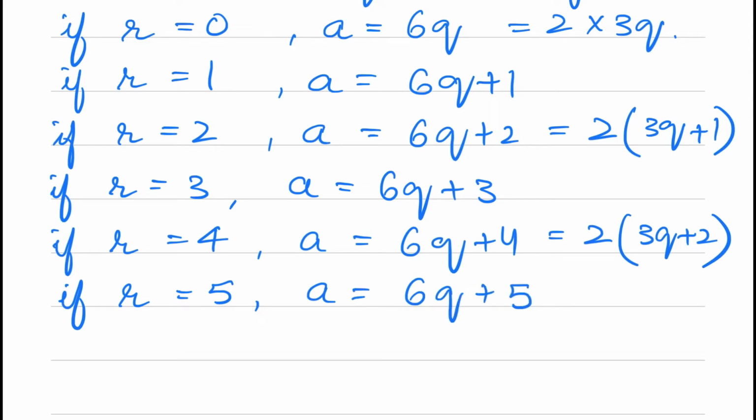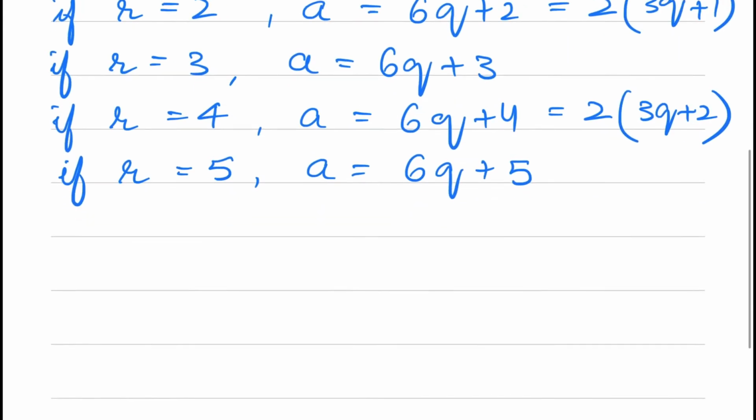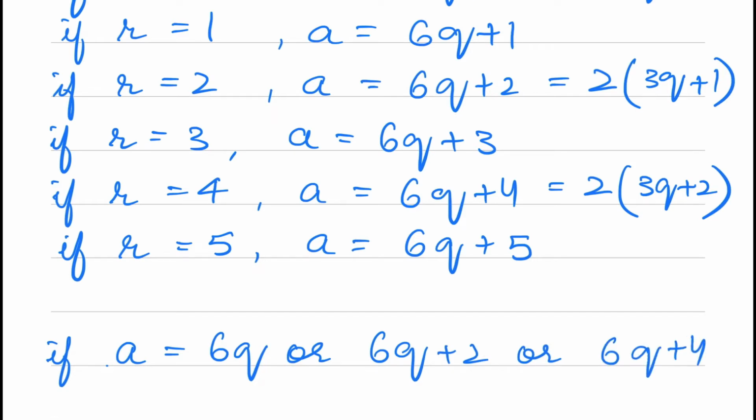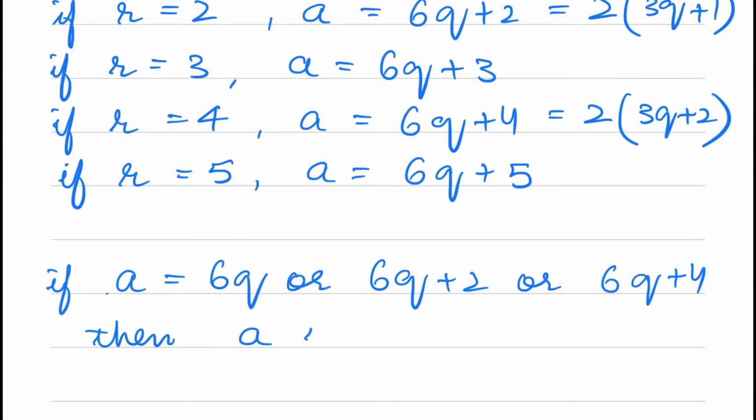Nothing is common. So we see clearly that if a is equal to 6q or 6q plus 2 or 6q plus 4, then a is an even integer.